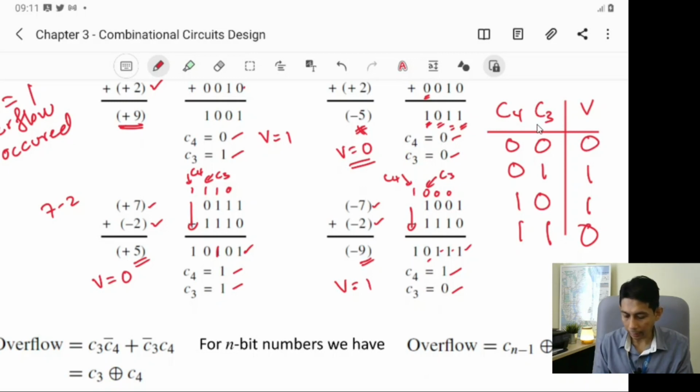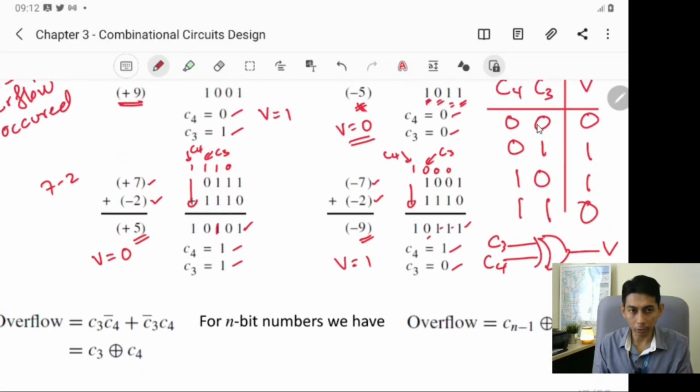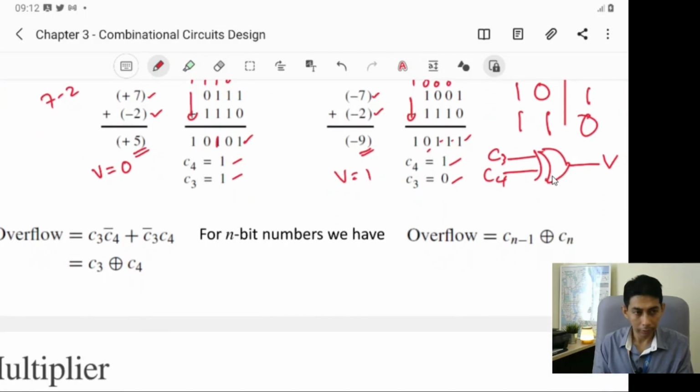This is actually an XOR gate, where you can have something like this: C3, C4, and this is V. This is XOR behavior. So in conclusion, to know whether our adder or subtractor produces overflow V or not, we can use an XOR gate.